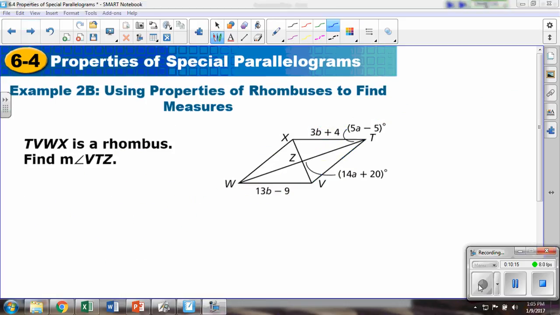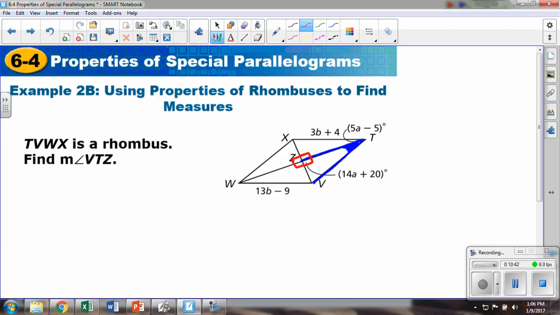Taking our next problem, of course, same picture, different goal. This one, we are searching for the measure of angle VTZ. So how big is that one? Once again, there are a whole lot of things that we need to recognize here. First of all, our center angles in a rhombus, they're all 90s.